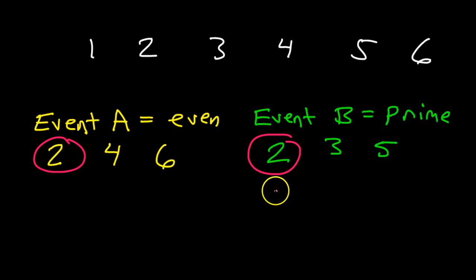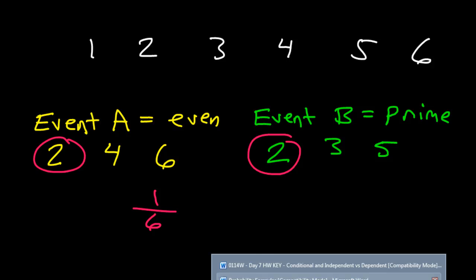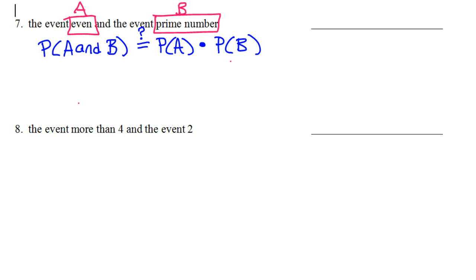Okay, so they only have one thing in common. So that means that probability is going to be 1 out of 6. Only one number out of the 6 total. That's what the overlap is. 1 chance in 6. So let's write that down. So the probability of A and B is 1/6.